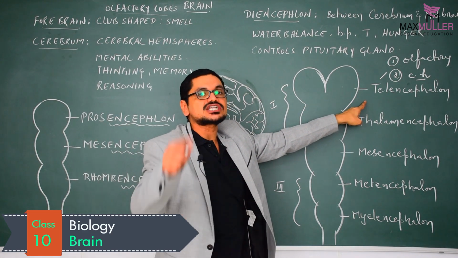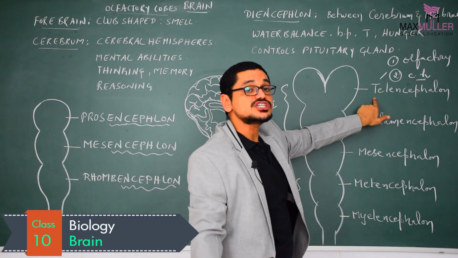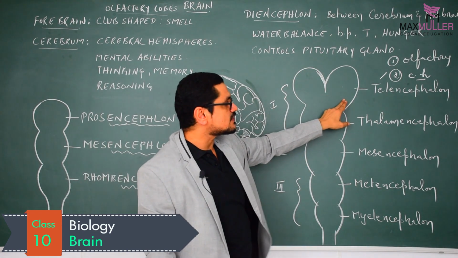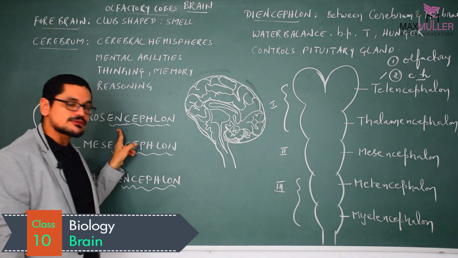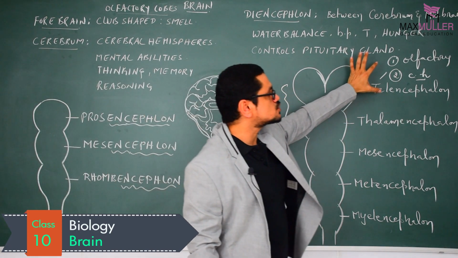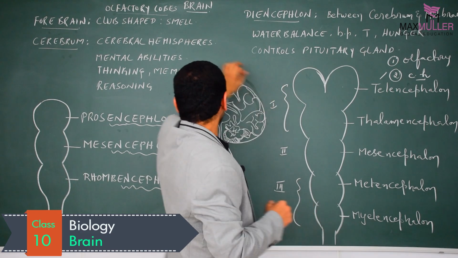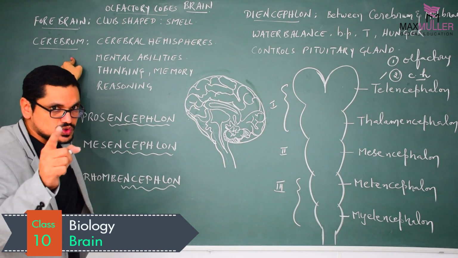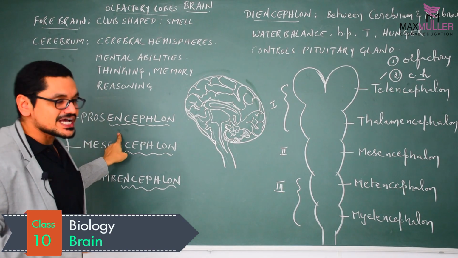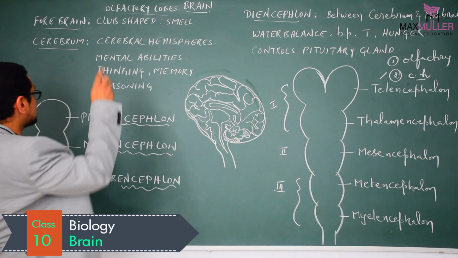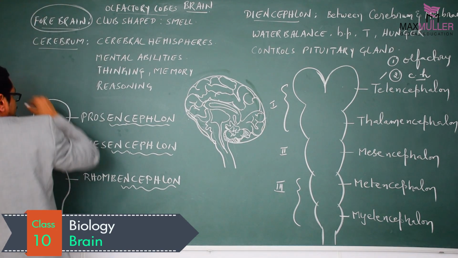This will become part and parcel of telencephalon, and the telencephalon is one of the parts which comes under prosencephalon. I mentioned that two parts are there, olfactory lobes and cerebral hemispheres. These two come under the first part of the brain called prosencephalon, which is also simply called the forebrain.